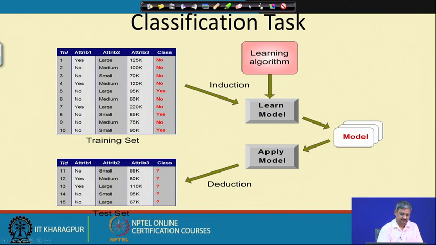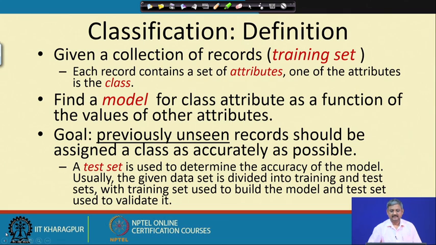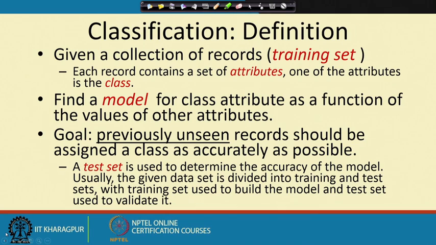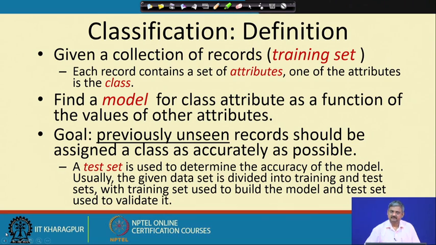Coming back to the definition: you have to find a function or a model from the previous records which will classify the new, future records, and assign a class to them based on the attribute values. This problem is known as the classification problem.